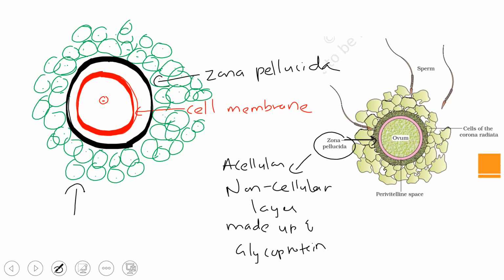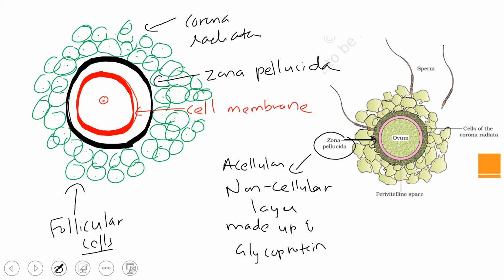These cells which you see over here in the corona radiata are follicular cells. So this is the corona radiata layer. It forms like a crown, so it is referred to as corona radiata. I am showing you both to compare, so that you can understand. And if you see, they are attached to one another.